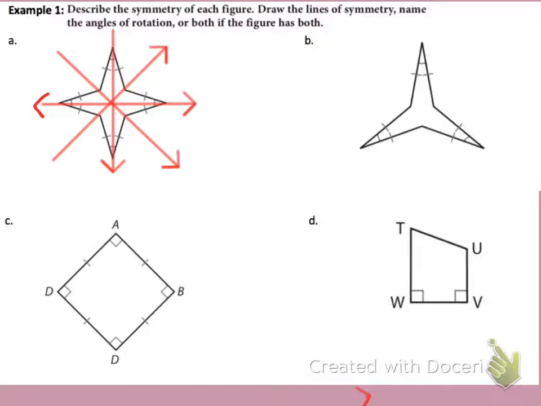We could fold this figure along any of these lines, and we would have a figure that looks identical and would map right onto itself. We would hardly be able to see it. So how many lines of symmetry is that? Well, there's 1, 2, 3, 4.